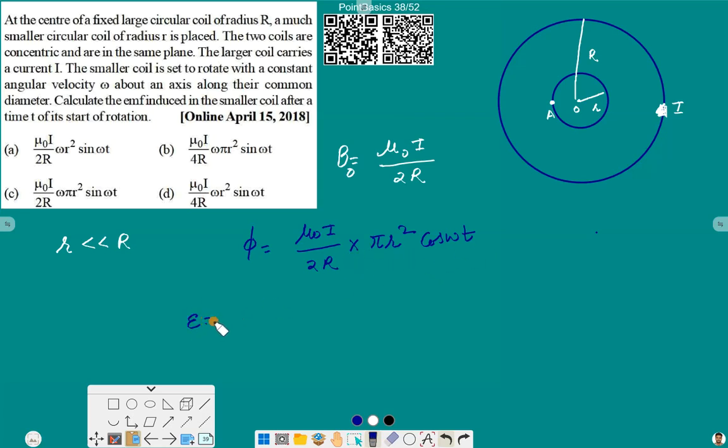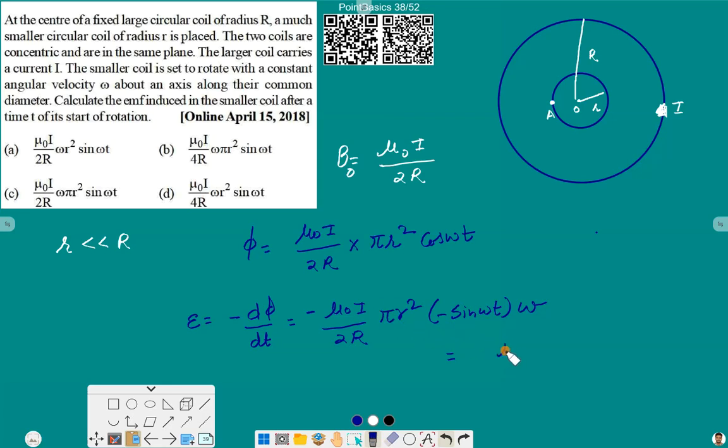Now the induced EMF will be the negative of d phi by dt. So this will be mu naught I by 2R into pi r square. Differentiation of cos omega t will be negative sine omega t into omega, and we already have a negative sign here, so negative negative becomes plus.